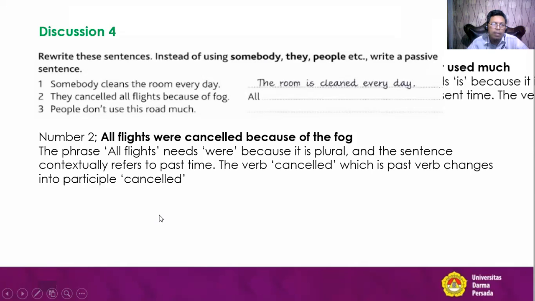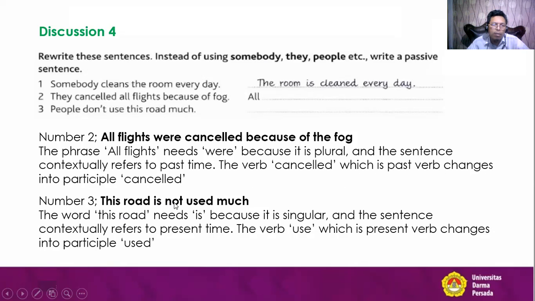Now number three. Number three, this road is not used much. Do we have a combination of to be and participle? Yes, is and then used. Why do we need not or negative?